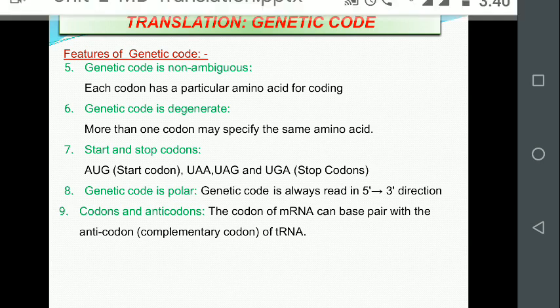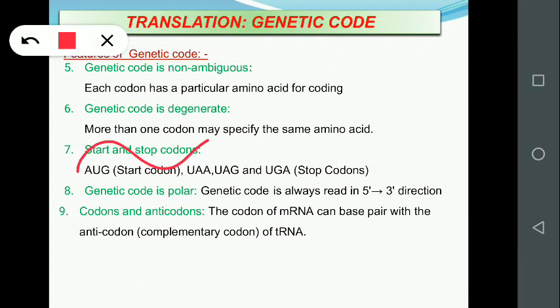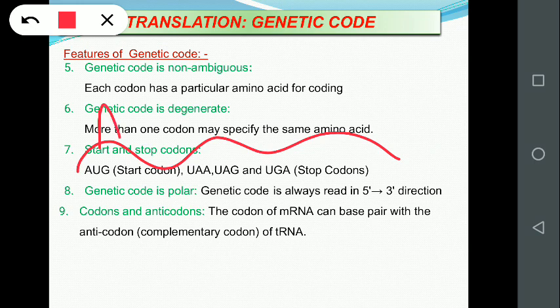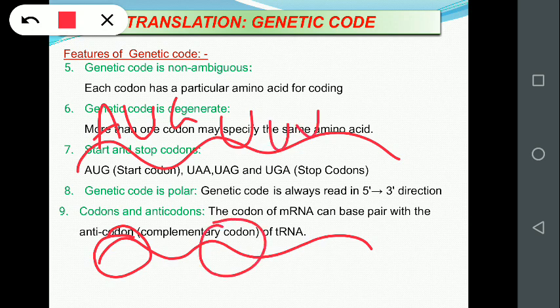So let's quickly understand this here. This is the mRNA, and AUG is the first codon. Now what happens? This is the protein in fact, and there should be methionine, and the next codon is UUU. So there should be a phenylalanine at this position.